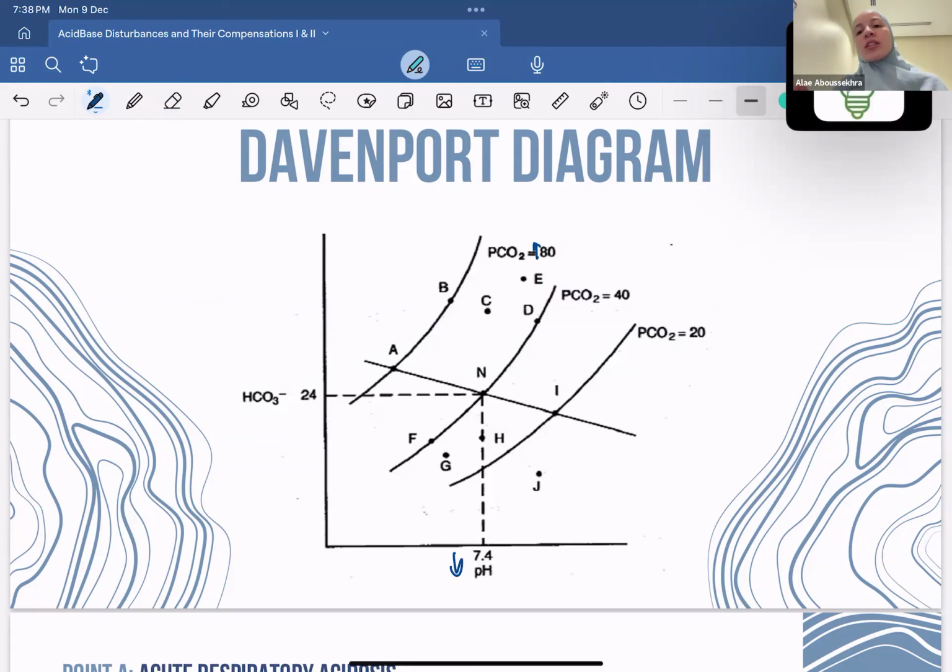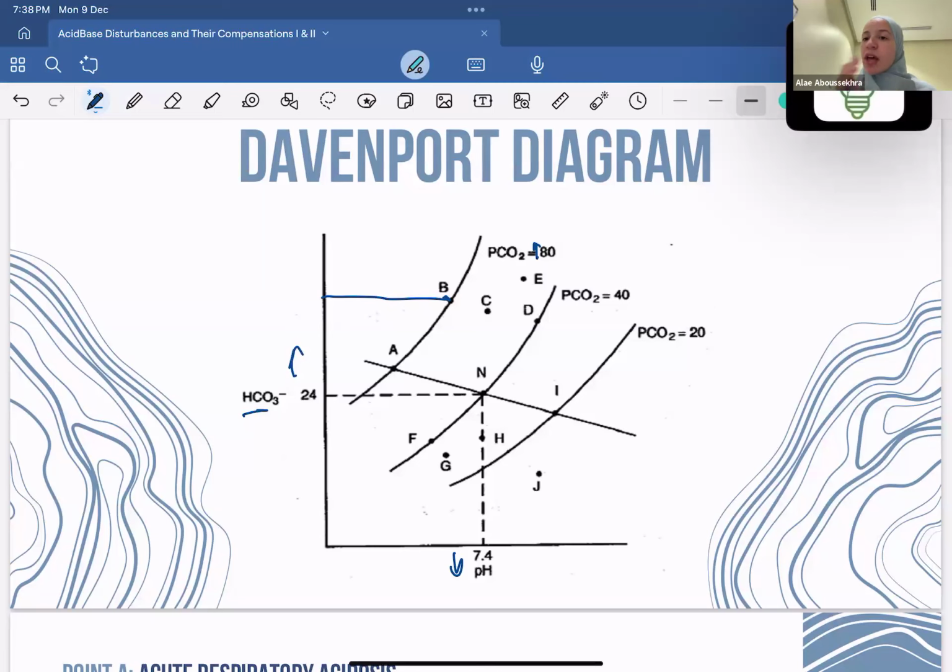Now finally, let's look at the bicarbonate. Okay, it's here. It's above normal. So we can tell that it's increased. Okay, so we have an increased bicarbonate. Again, let's see, does that work with the compensation rule?